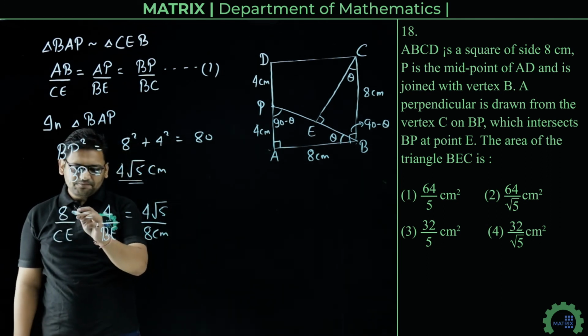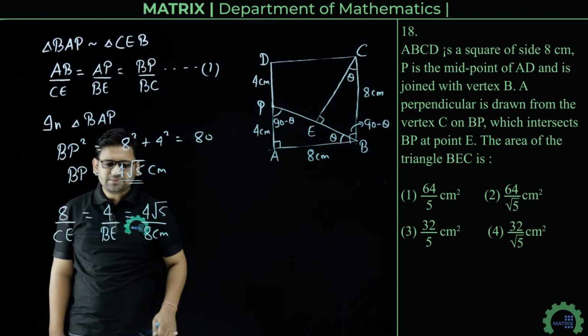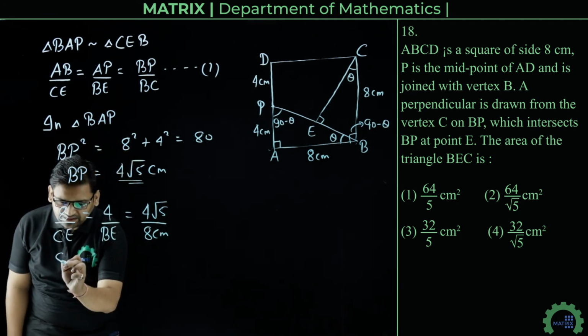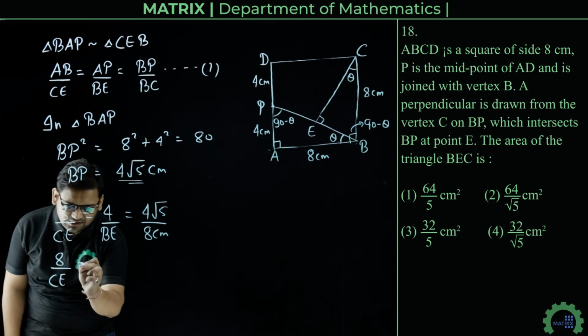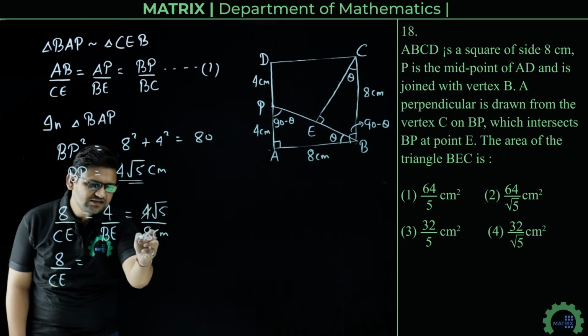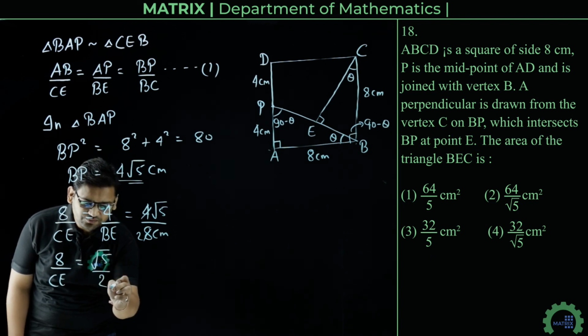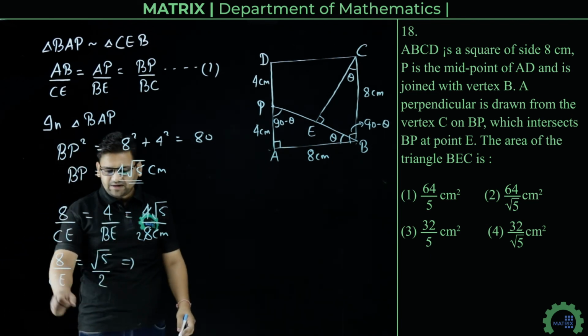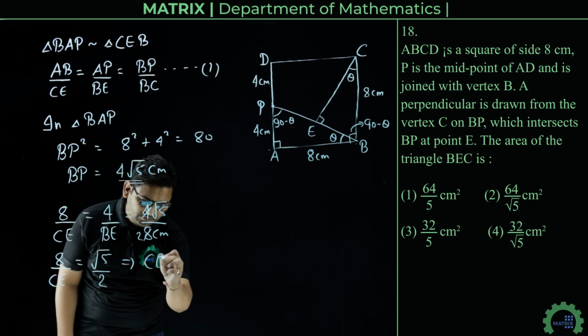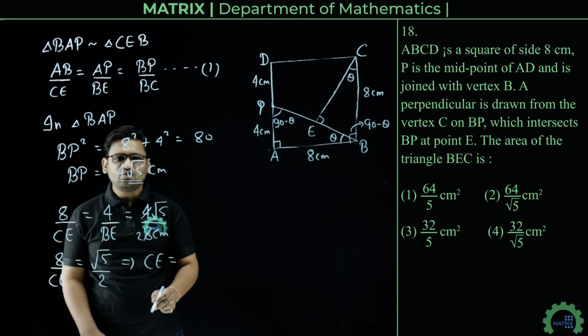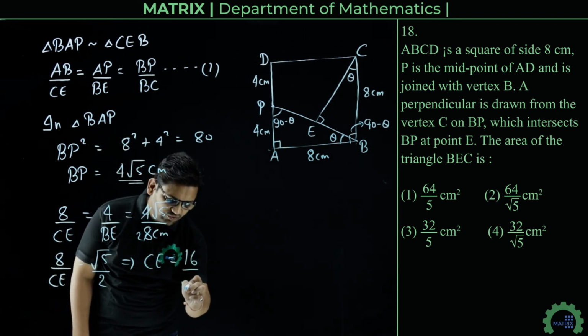Now from there we can find the lengths BE and CE. So we can write 8 upon CE is equal to, this will cancel out 2 times, root 5 by 2. So from there length CE will be 16 by root 5 centimeter.